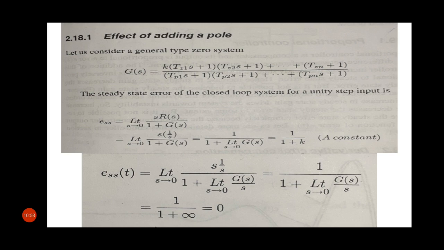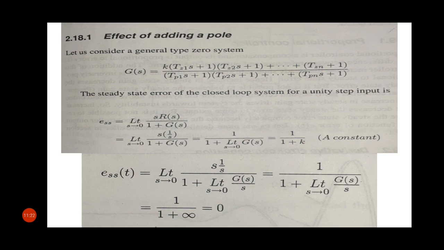After putting R(s) equal to 1 by s, our steady state error ess equal to 1 by 1 plus K, and this is a constant. So the steady state error of the type 0 system is 1 by 1 plus K, where K is the steady state gain of the system.